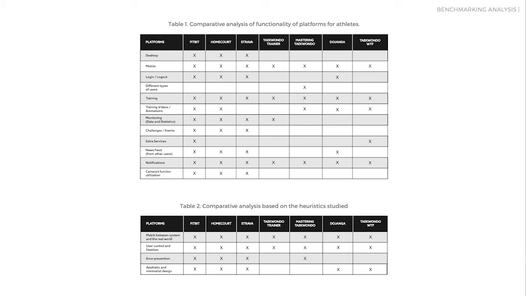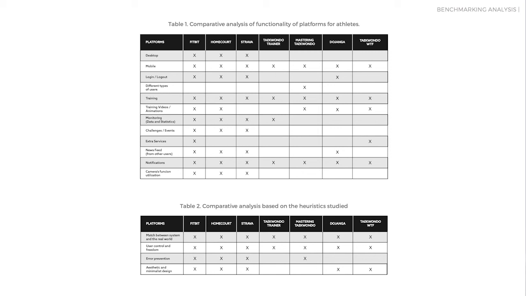Regarding the platform analysis, it is noted that only three, Fitbit, HomeCourt, and Strava, offer the athlete the versatility to be used on various types of device, such as desktop, tablet, and mobile. Although these platforms display a more complete and organized interface in terms of content, Mastery Taekwondo ends up differentiating itself from the others, presenting a feature that the others do not have, the distinction between users.